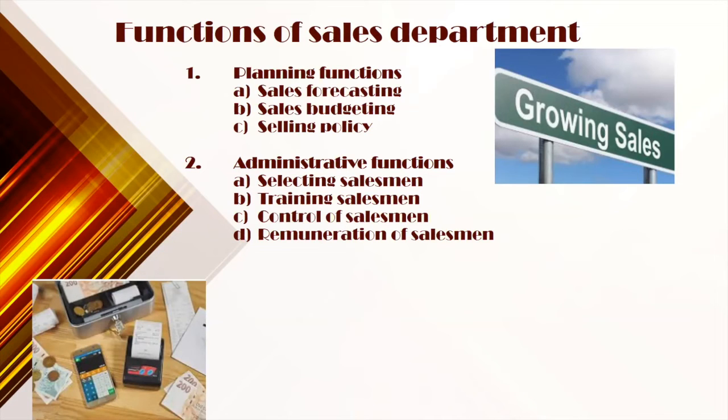Once we have selected and recruited the salespeople, we have to train them. We have to get them acquainted with the property. They have to know the product through and through so that they are able to go out and sell the hotel as a product to the various guests and bring in the revenue.